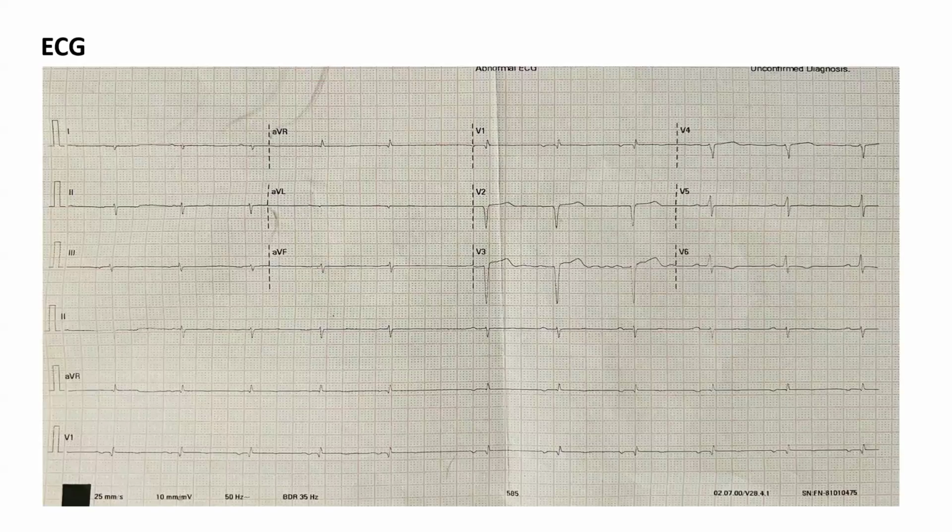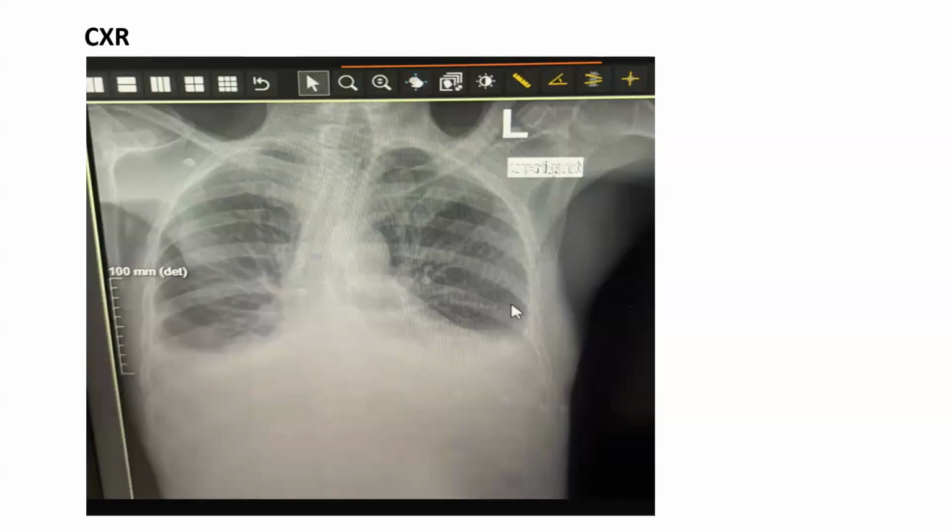ECG showed low voltage complexes and sinus rhythm, and you can also appreciate the right axis deviation. His chest X-ray showed bilateral pleural effusion and a raised cardiothoracic ratio.